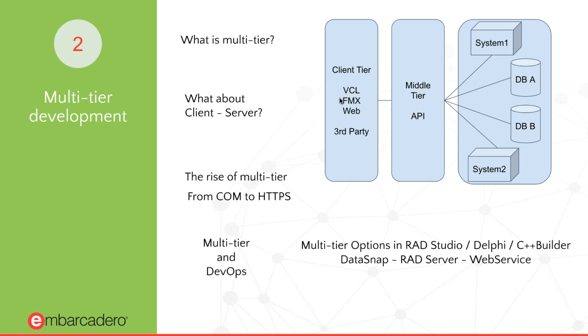So in terms of the multi-tier options, obviously RAD Studio Enterprise Edition, with the C++Builder Enterprise, provides 3 different options that you can use. There's DataSnap, there's RAD Server, and then there's the web services. So DataSnap and RAD Server are the 2 that are really the key points here.